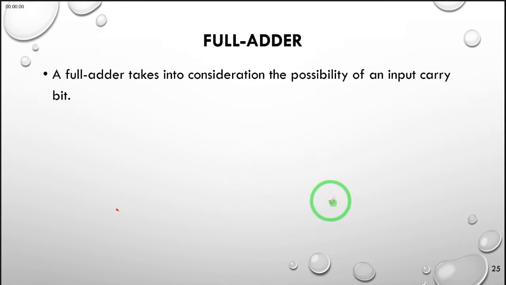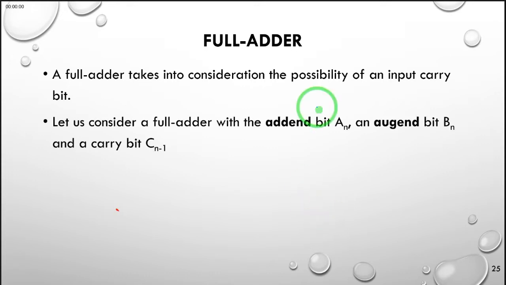Having demonstrated the functionality of a full adder, let's consider a full adder with an augend bit being An, an addend bit being Bn, and a carry bit Cn minus 1. The same way I have said, we are talking about adding A plus B, but we are considering that we may have carried some carry bit, Cn minus 1, where this is An and Bn.